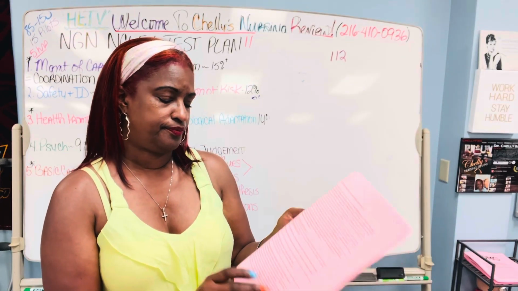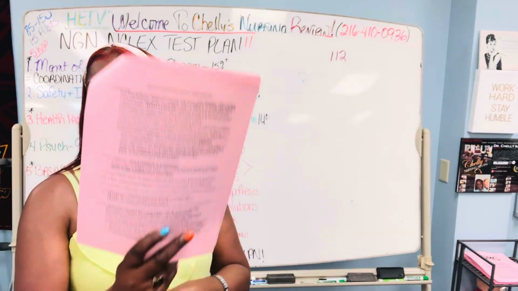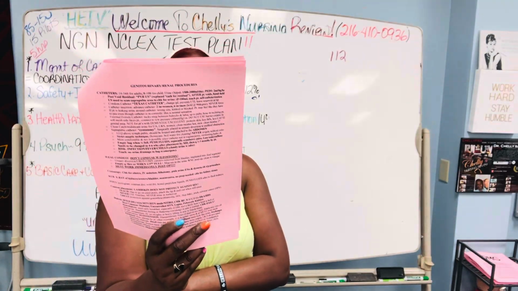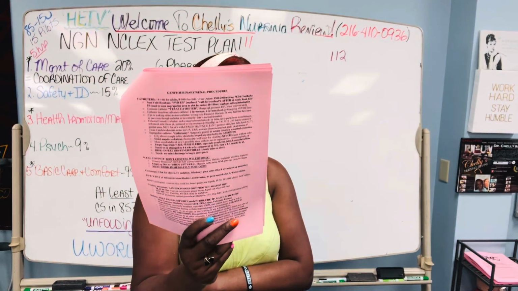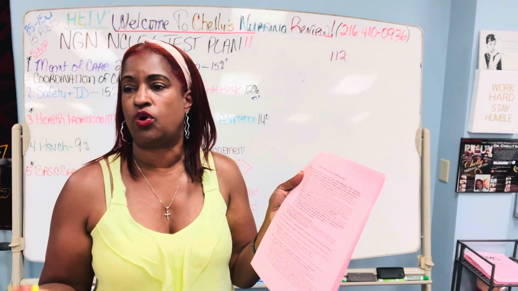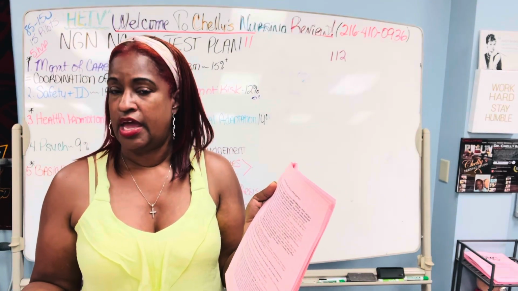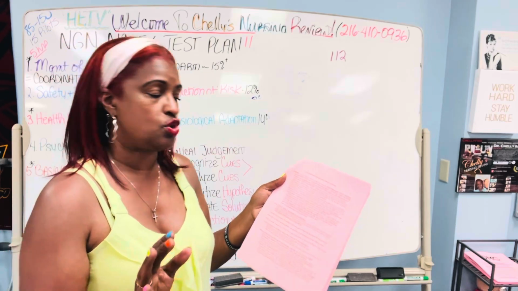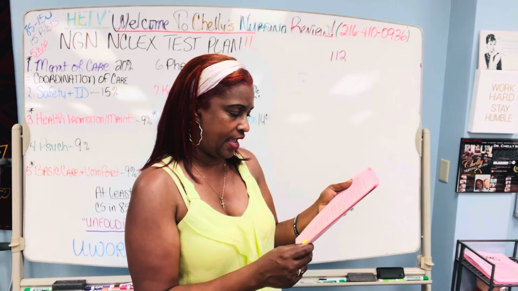Okay, page 12. Page 12 is basic care and comfort. Specifically, you got to know how to insert a catheter. Now, this is what you get confused on the test, so let's highlight it together.